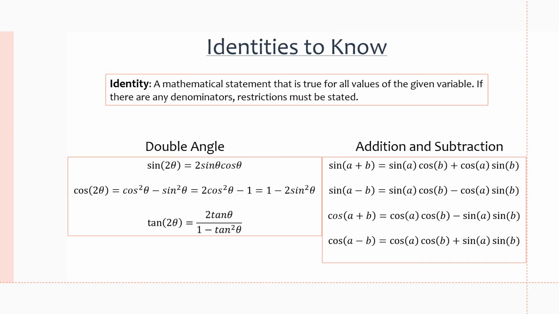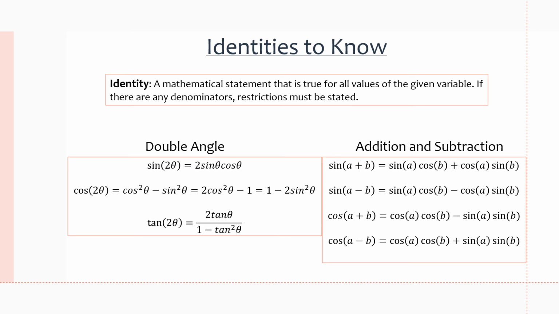Here are a couple more common identities that are useful to know, but might not be used so much in this course, but maybe in future math courses. And we have the double angle and the addition and subtraction identities, which are a little more complicated and harder to remember, but yet come in very handy.